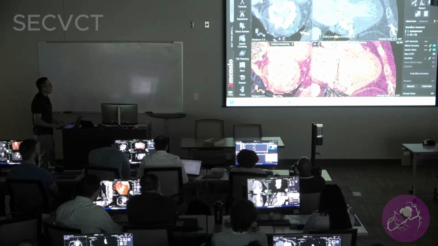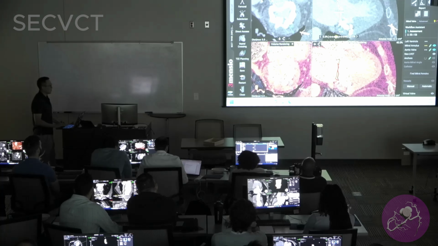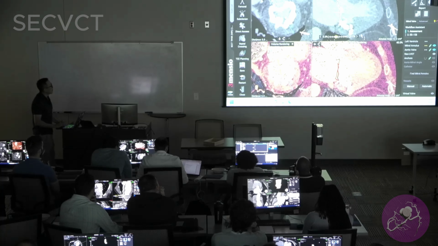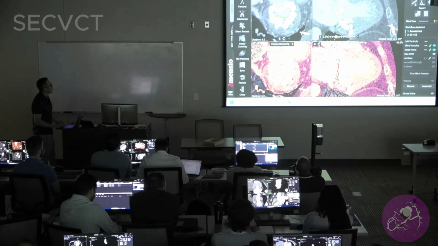And my guess is, and this is why these cases are tough, because there's no exact science in this, maybe around here, right? And so I'm going to make two measurements, one of the commissure, which is this dimension here. There's some blooming artifact, obviously, but roughly 31-ish, 32 millimeters. That's your intercommissural distance.